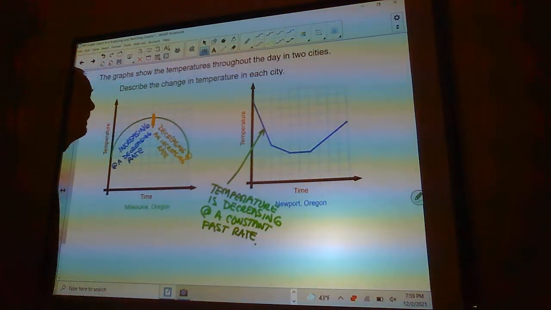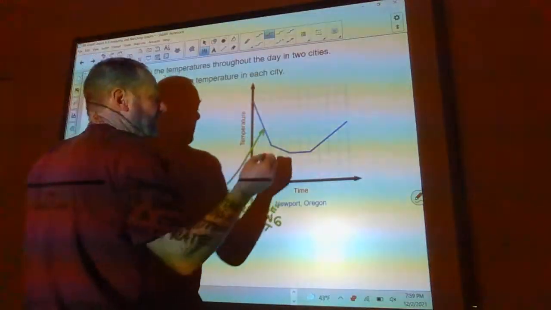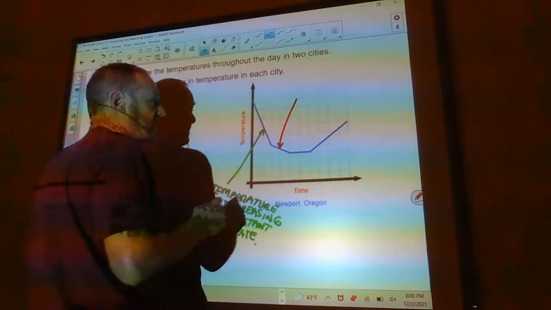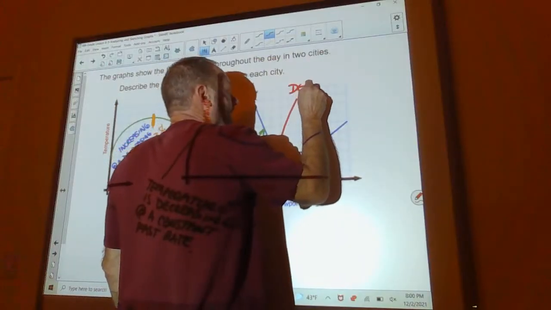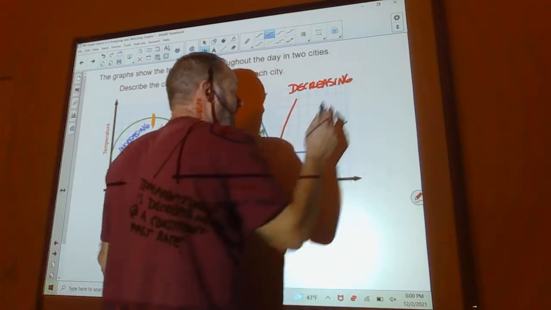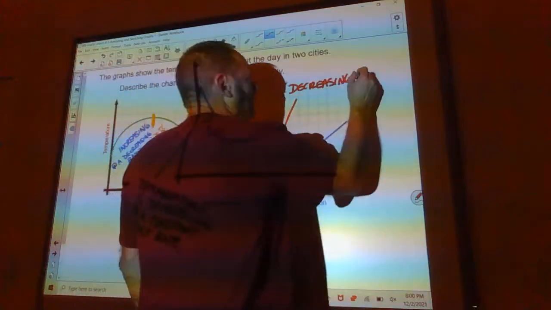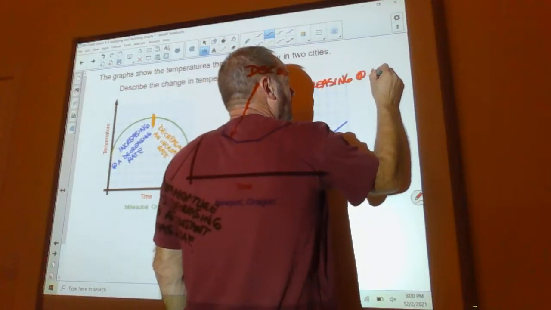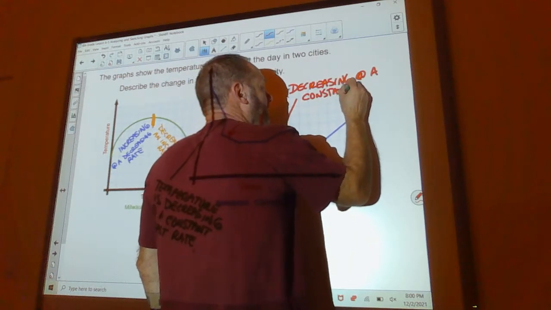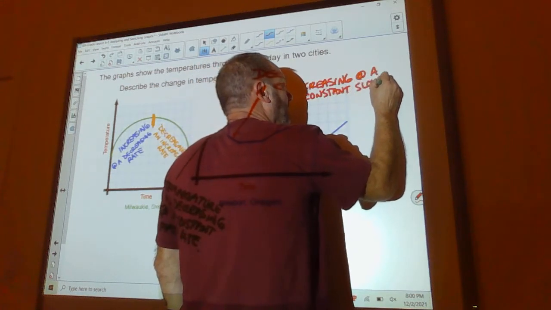The reason we say that is because right here, it's still decreasing. It's still constant. But it's a slower rate.